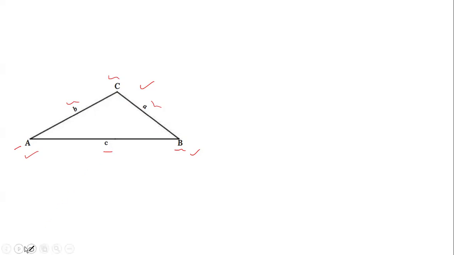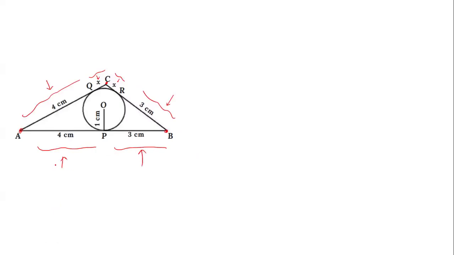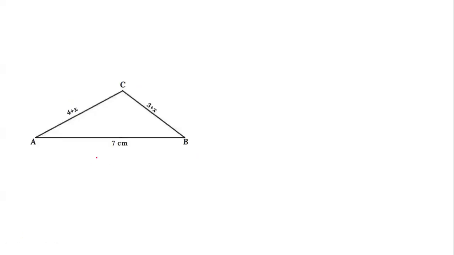Now in this figure, this whole distance is 7 centimeters, this whole distance is 3 plus x, and this whole distance is 4 plus x. So this side becomes 7, this side becomes 3 plus x, and this side becomes 4 plus x.